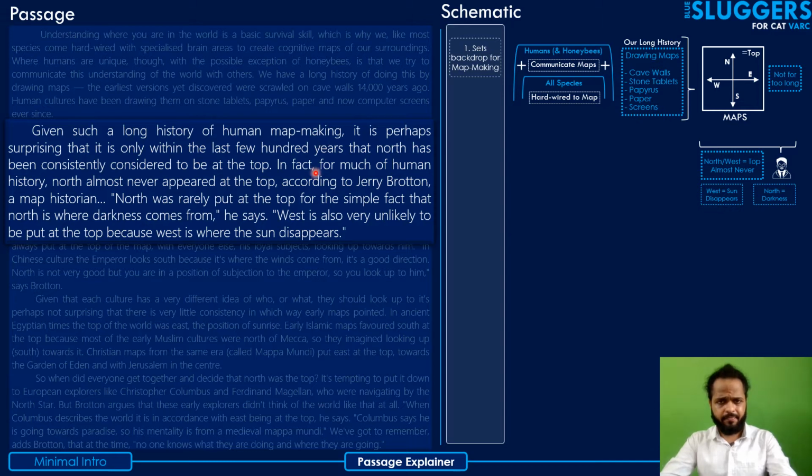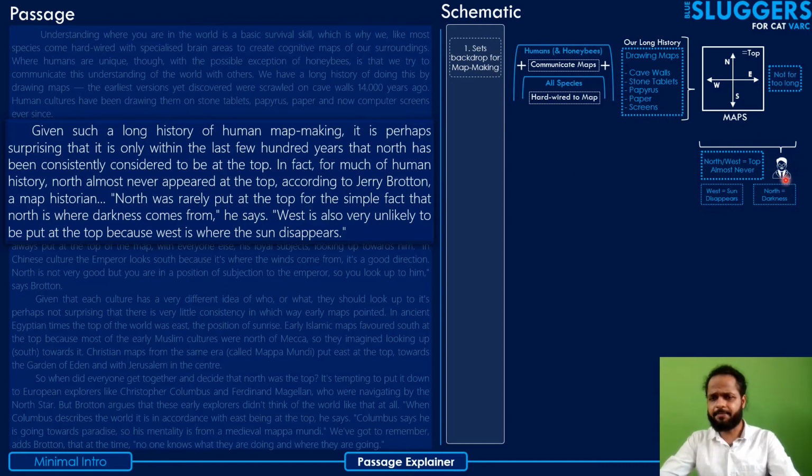And then he goes on, and he cites information from an expert, a map historian, Jerry Broughton, who says in his words that north was rarely put at the top for the simple fact that north is where darkness comes from.